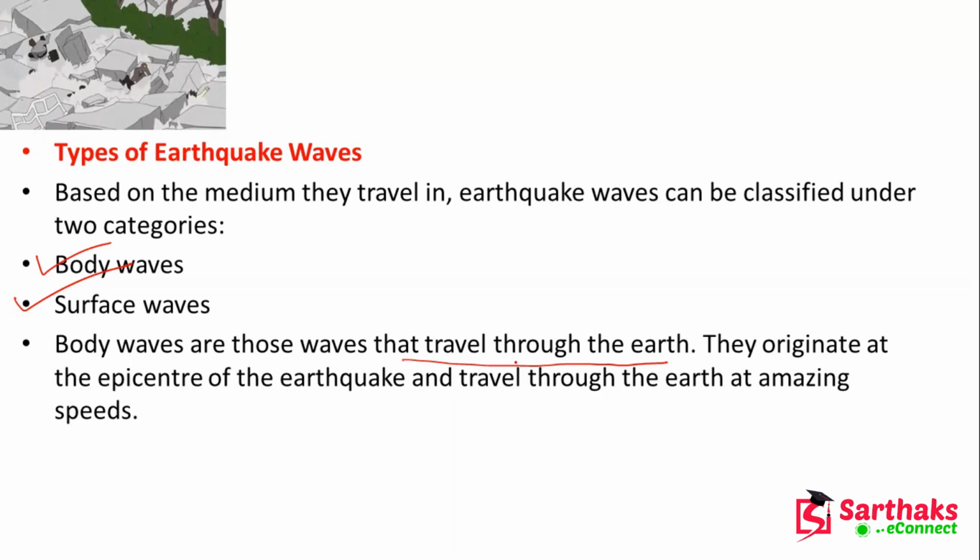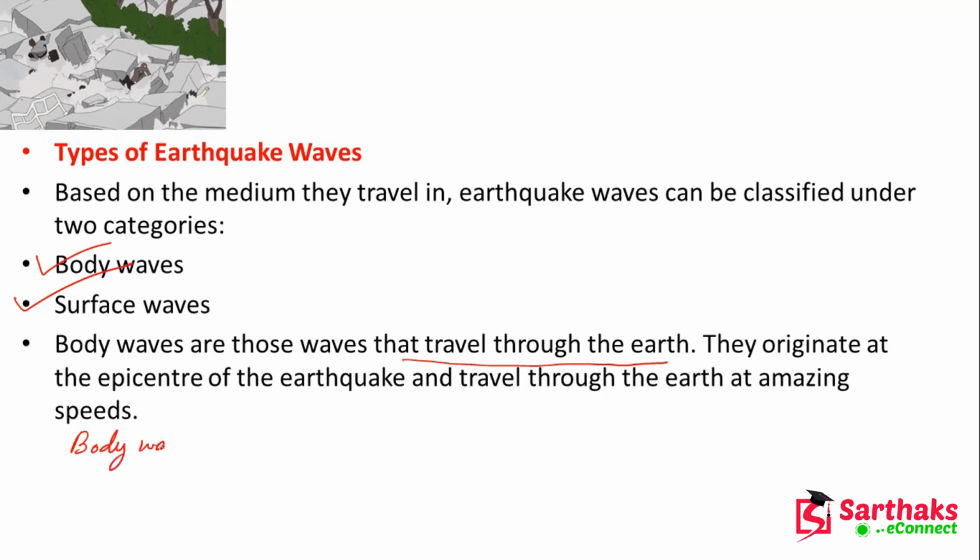Here you have to understand this thing. There are two types of waves: one is the body wave, another is the surface wave. Body waves are those waves that travel through the earth and originate at the epicenter of the earthquake and travel at amazing speed.